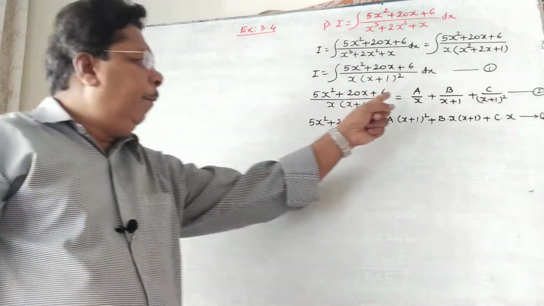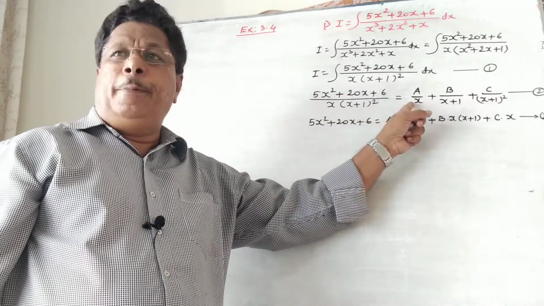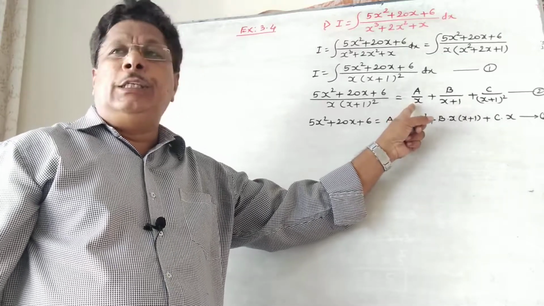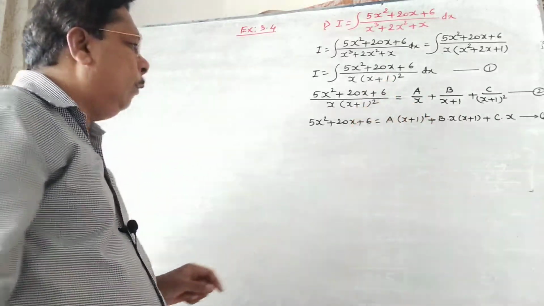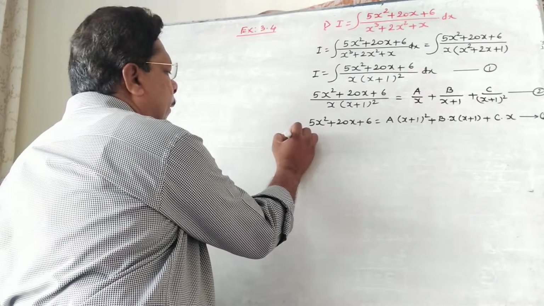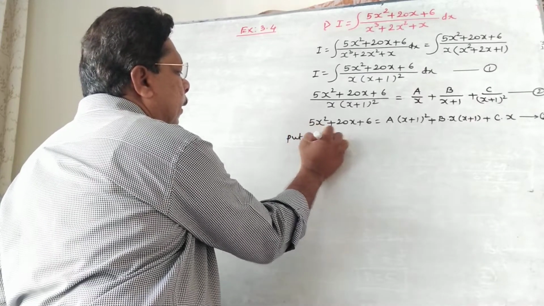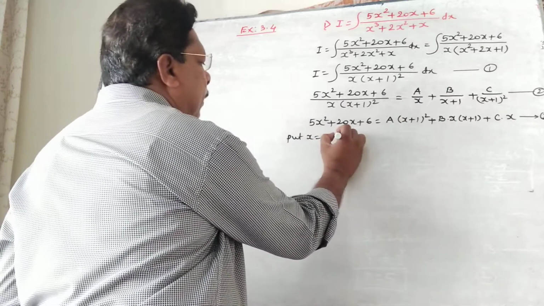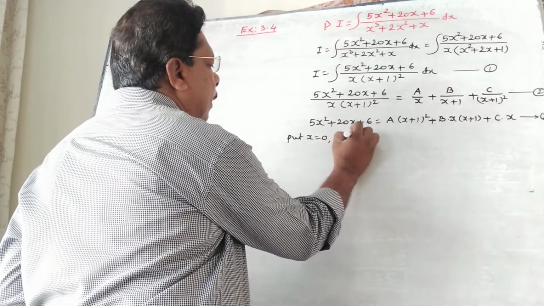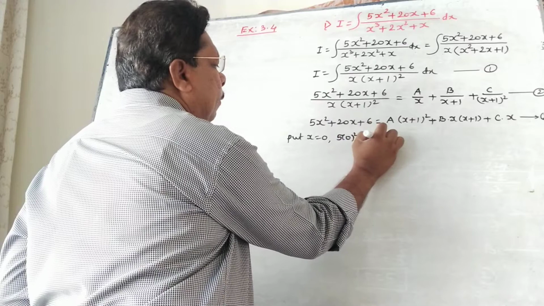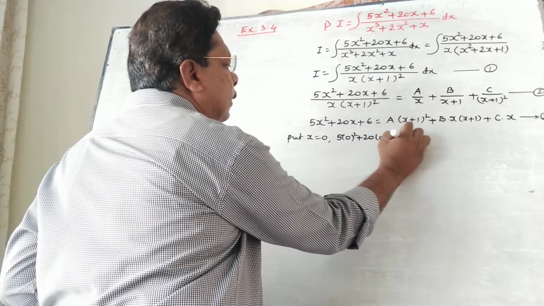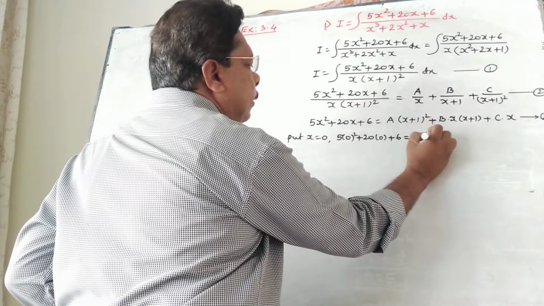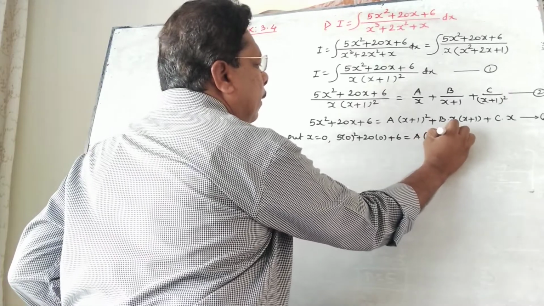Now observe the denominator of A upon x. So put x is equal to 0 in equation 3. It becomes 5 into 0 square plus 20 into 0 plus 6 equals A into 0 plus 1 whole square.